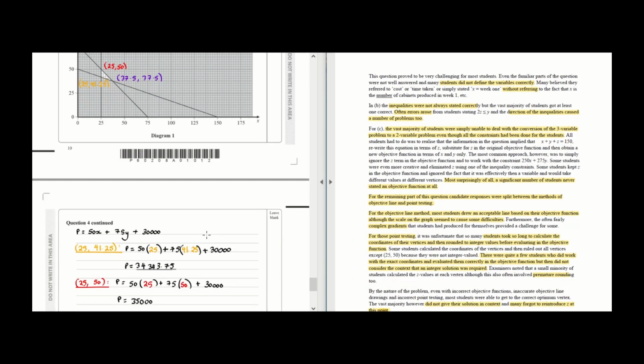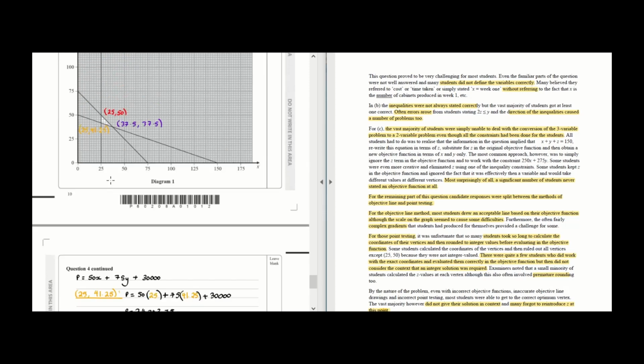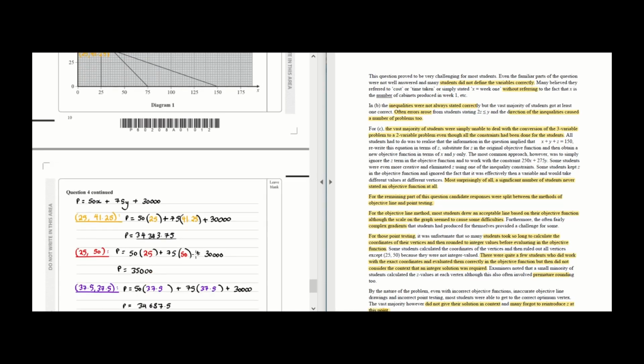For the testing method, which is the method I used over here where we use the coordinates, you have to be a bit careful. First of all, those who used testing took a long time. I think it's better to take a long time provided that you answer it in the time allocated, to make sure you get everything right first.